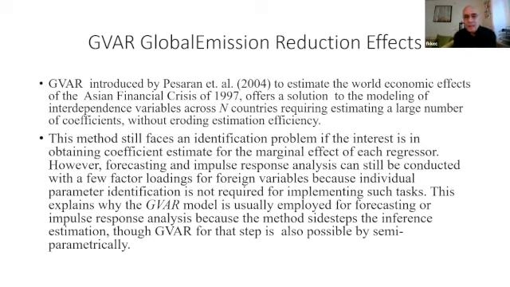This problem, however, can be sidestepped if the interest is not in obtaining coefficient estimates of the marginal effect of each regressor, but in forecasting or impulse response functions, because you can then just obtain the collective shock that each of the equations receives from the world economy, without the need to make inferences about each of those individual variables which affect the outcome.